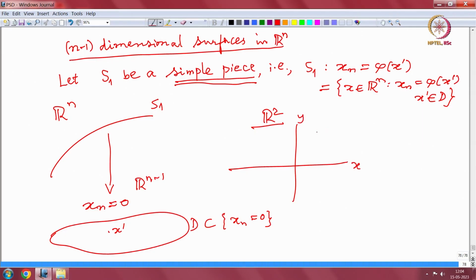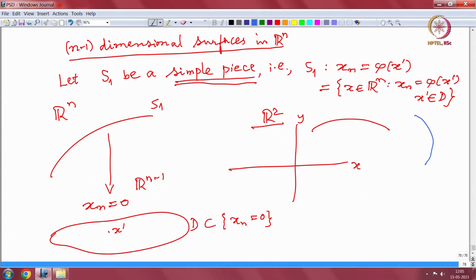If you take a curve of this type, you can only project it onto the line y equal to 0, but if you take something like this, you can always project it onto x equal to 0.